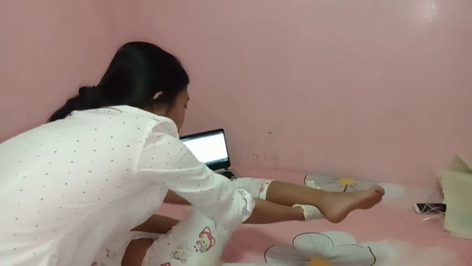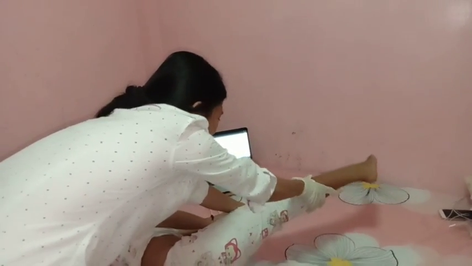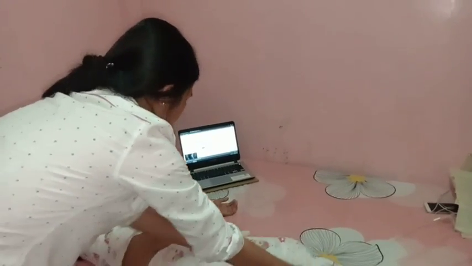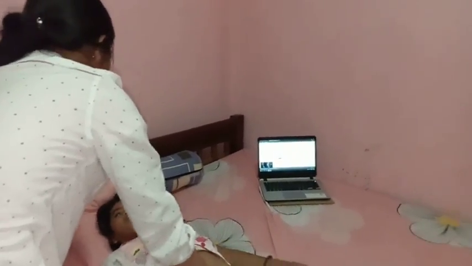Then I will hyperextend. So ma'am, is there any presence of pain at your tummy? The client reported that there is no pain at her tummy while I'm doing the extension of her leg. No abdominal pain present.